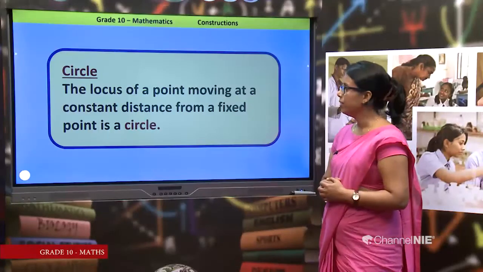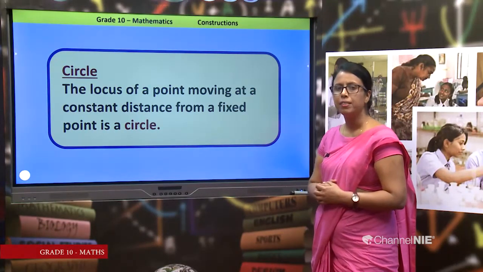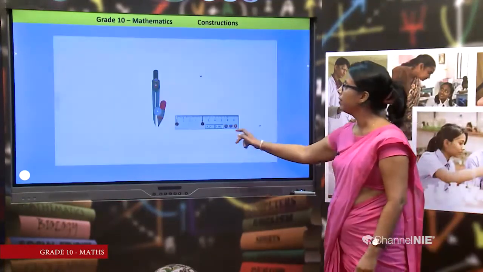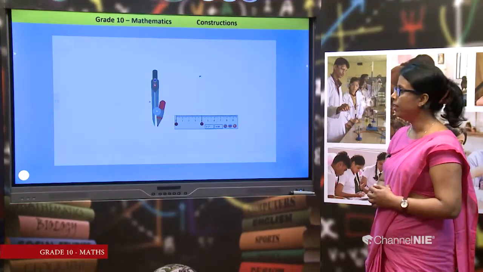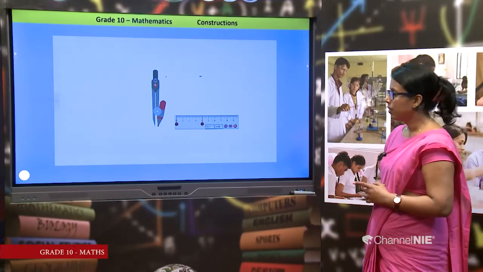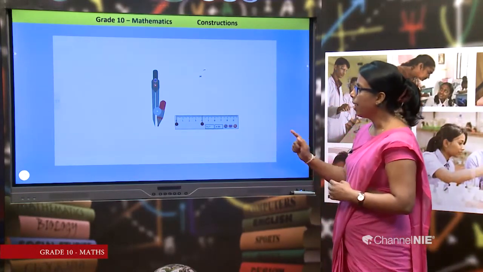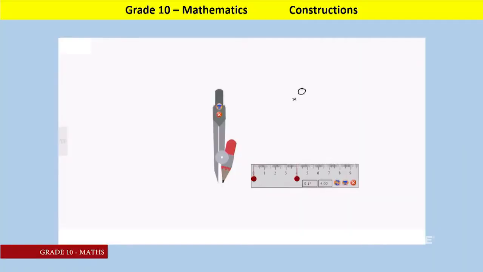Let's construct a circle. Get ready with your pair of compasses, pencil and a ruler. Check whether your pencil is sharpened. The pointed end of the pair of compasses and the pencil should both be at the same level. Let's start.